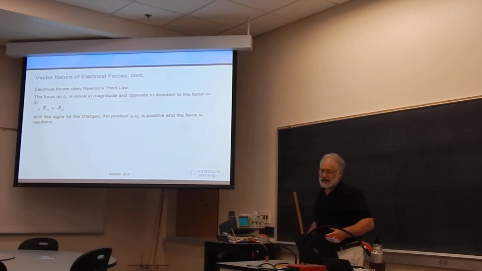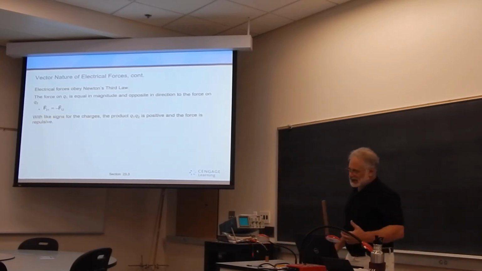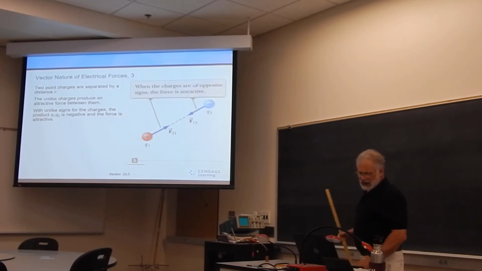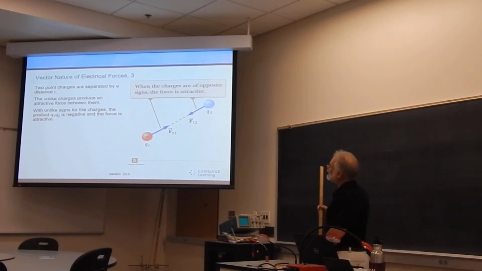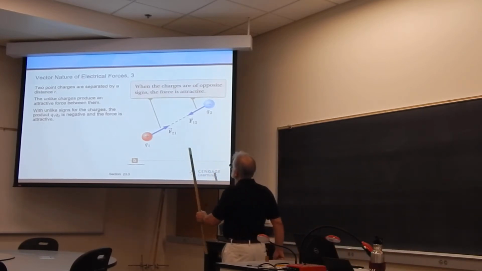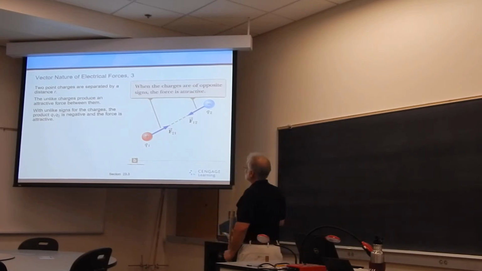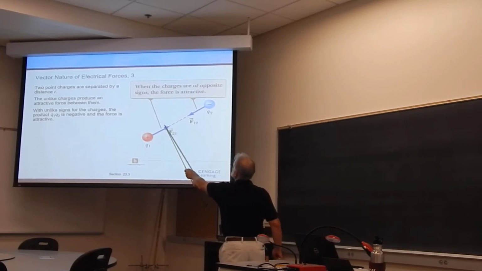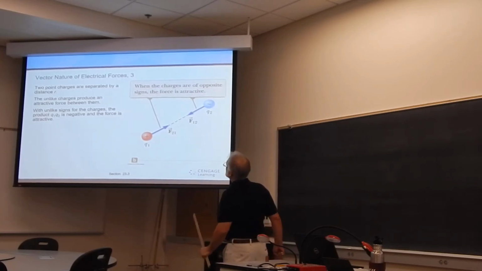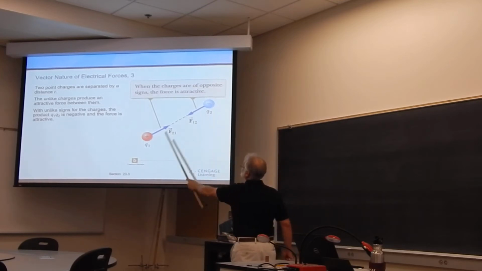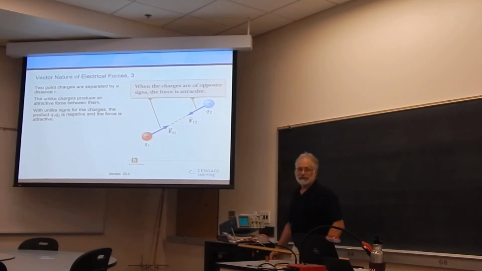No surprise that Newton's third law continues to be obeyed. But we can also talk about the signs of charges. If these two charges are opposite, you're going to have a force that is attractive in both cases. If the signs were both positive, of course, this would be a repulsive force.